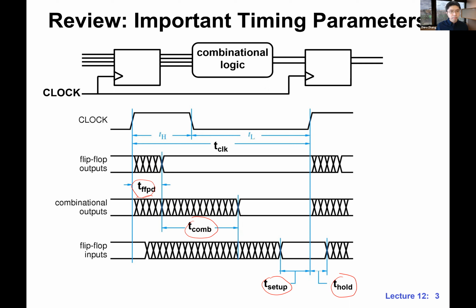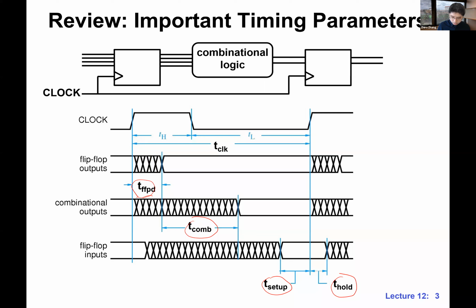But let me be more precise this time. These crosses you can just treat as don't cares. They just mean don't care. We really don't care what exactly the output of the flip-flop is until this point. Same here, over here.